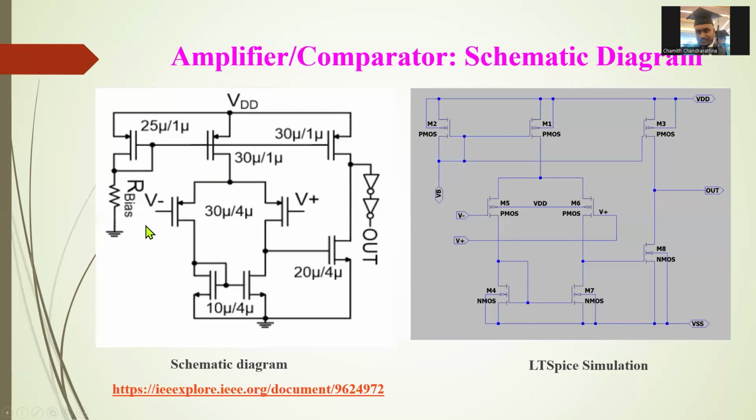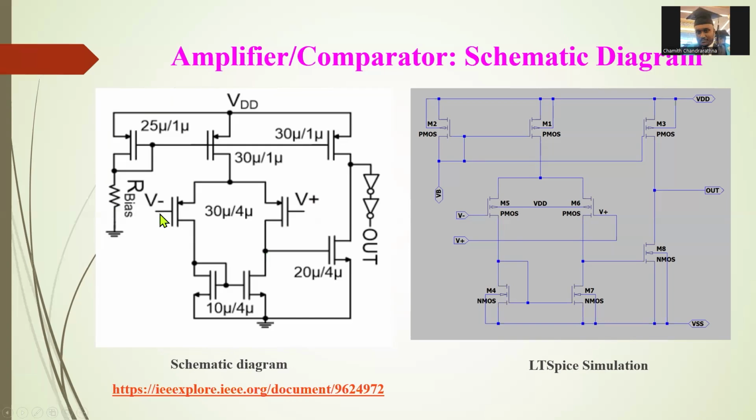As I mentioned at the beginning, this amplifier we can call a two stage amplifier, which means it has a differential pair with one output, which is the first stage. Then this is the second stage. So altogether, we can say that this is a two stage amplifier.